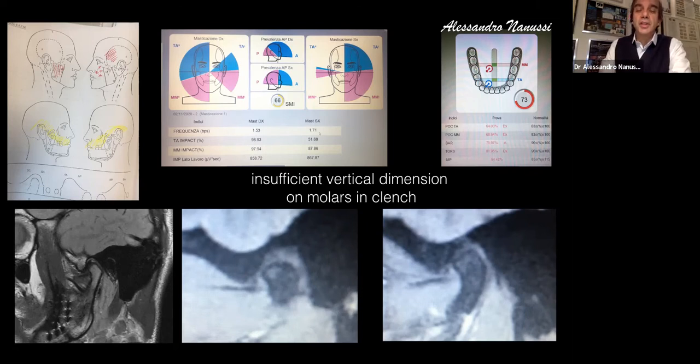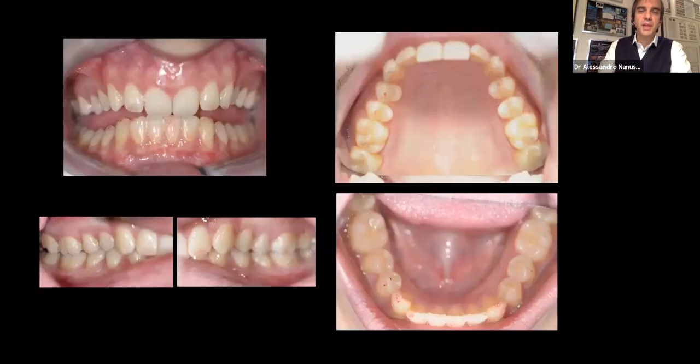During the clench in intercuspation, the masseter doesn't work because the teeth don't touch enough. We need more vertical dimension. So the patient can chew, but he can't clench, and the temporomandibular joint is compressed.